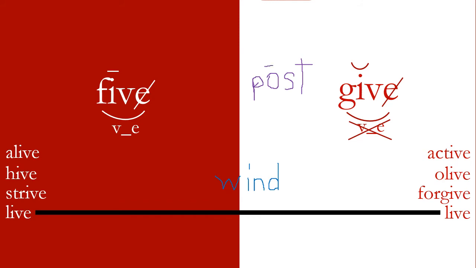We put a macron here, but underneath we put a C that was crossed out. So post and colt and old, wind and child, those were all the exceptions that we had from a couple of units ago, the glued exceptions, the closed syllable exceptions. Now we have one more exception for V-E.